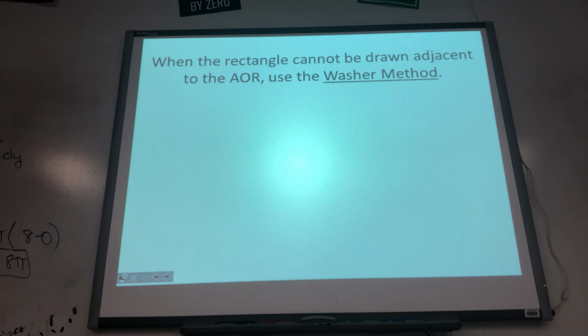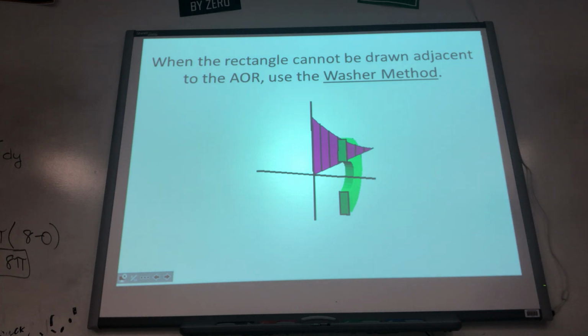It says when the rectangle cannot be drawn adjacent to the axis of revolution, use the washer method. I'll have a setup for you according to the washer method in just a little bit. But first, I want to put a picture up here of what this is really talking about.